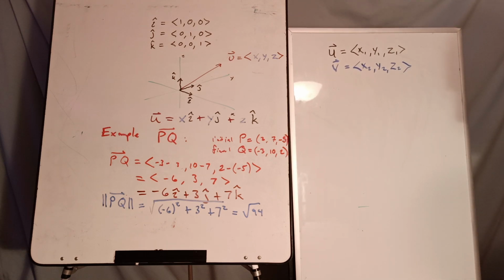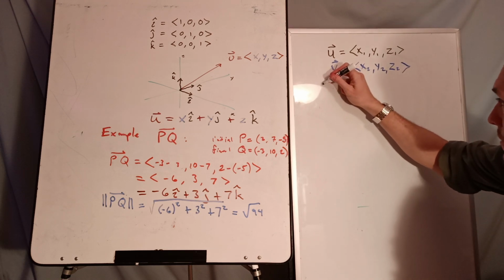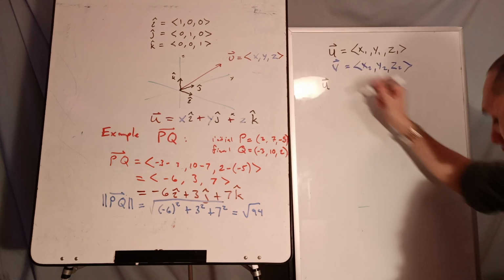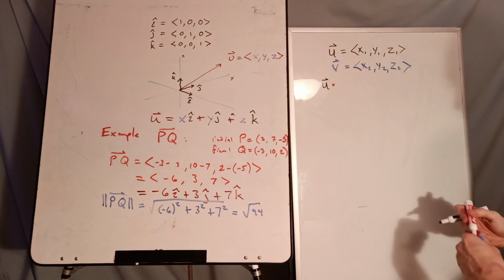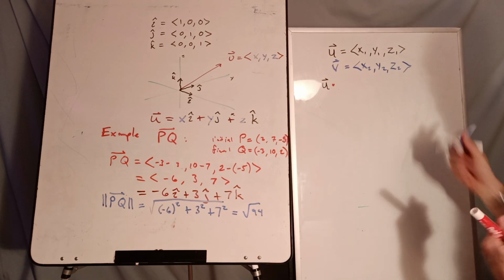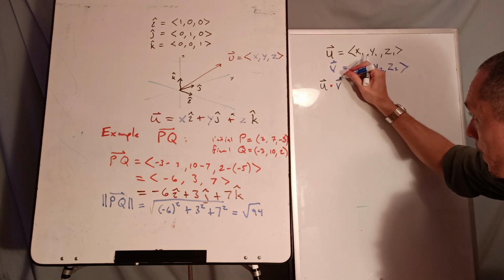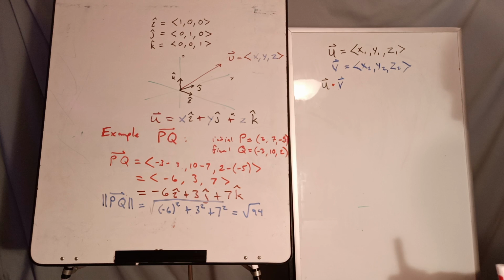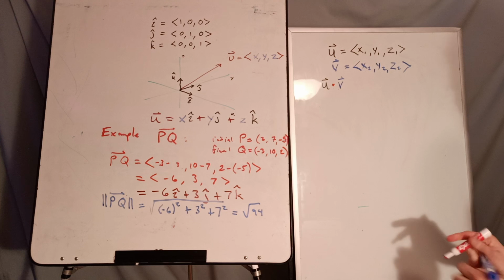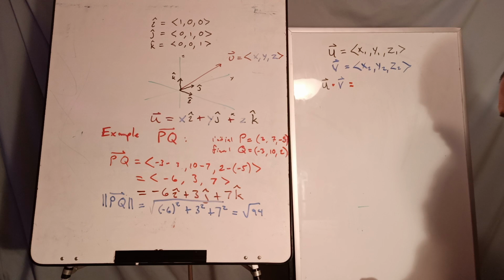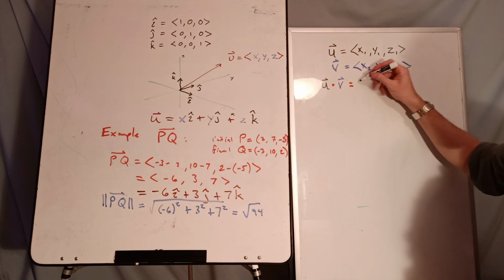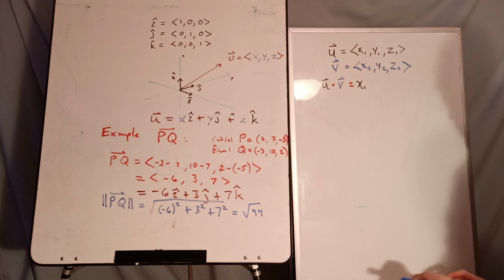And the definition of our dot product is going to go as follows. So let's take u dotted with v. I'll use red for my operation here. And that's going to be equal to the sum of the product of each component, sort of pairwise, right? We're going to take our x's together. So x1 times x2.